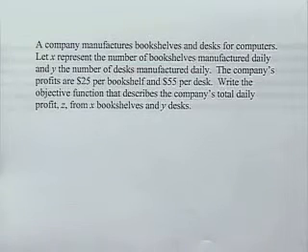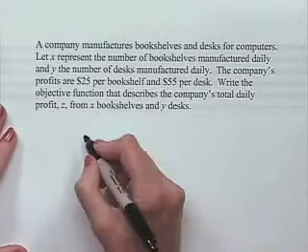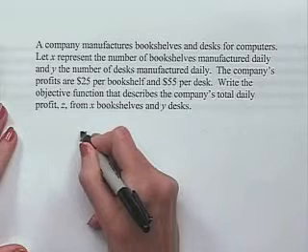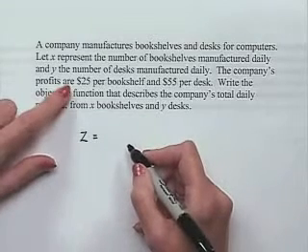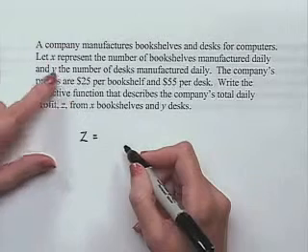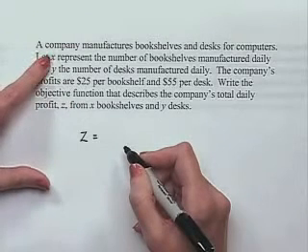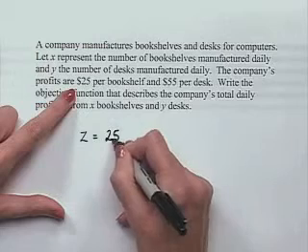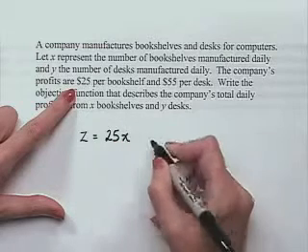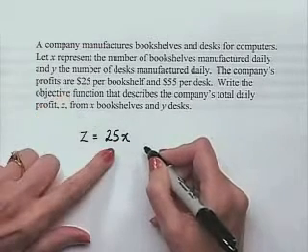What we're being asked to do here is to write an equation where we tell that the profit Z is going to be found in terms of how many bookshelves and how many desks we sell. Every time we sell a bookshelf, we make $25. So if we multiply 25 times the number of bookshelves, we'll find out the profit from selling bookshelves.